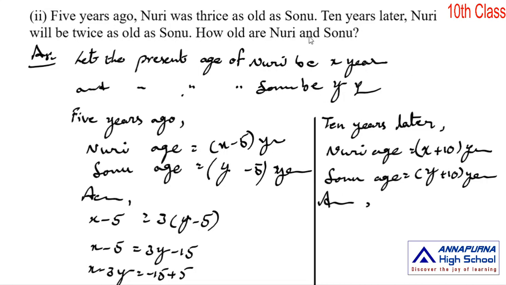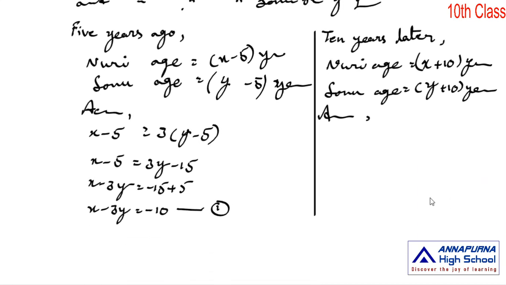So after 10 years, what is the relation between their ages? Nuri will be twice as old as Sonu. That means after 10 years, Nuri is twice, means 2 times as old as Sonu's age. So after 10 years, Sonu's age is y plus 10 years. So 2 times means 2 into y plus 10. It is equal to Nuri's age, x plus 10.